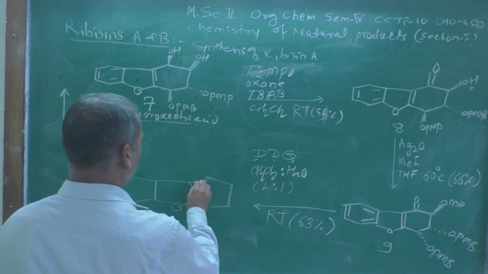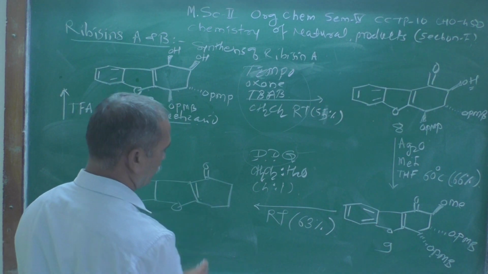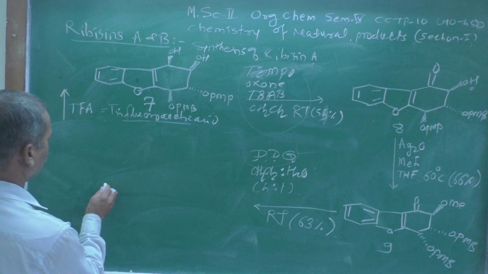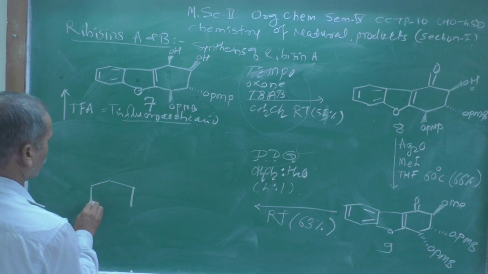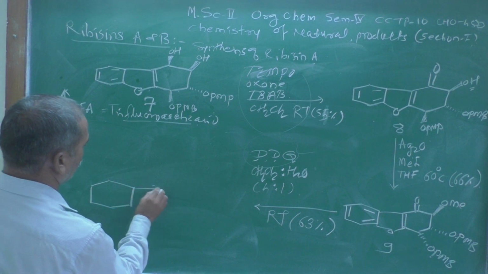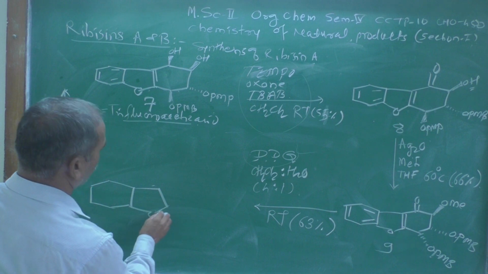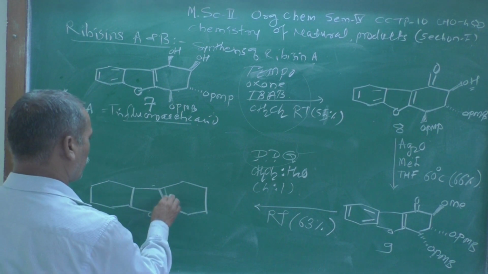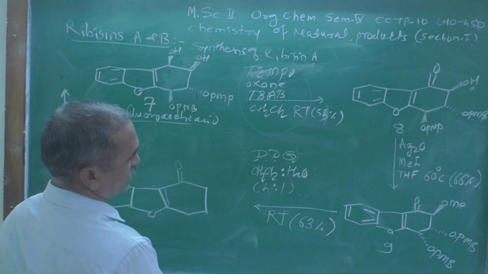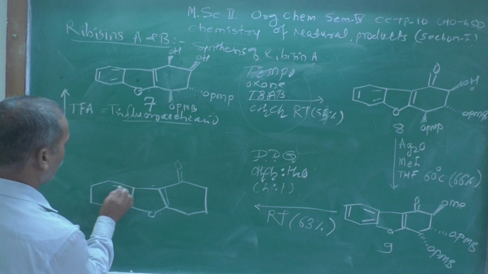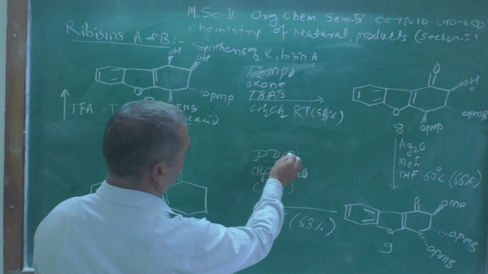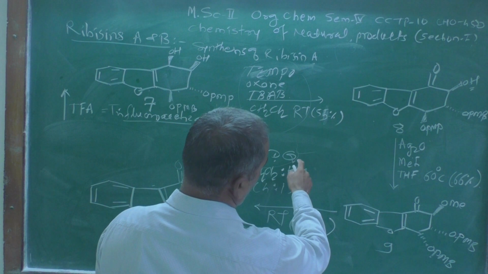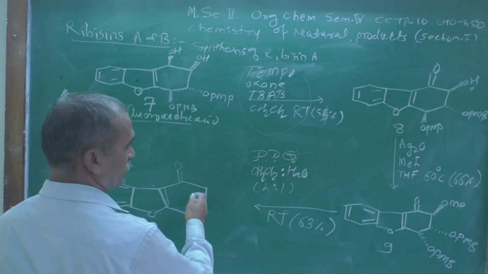See here, this is a double bond, an alpha beta unsaturated compound. Let me draw this structure properly so that you can observe this, because this is the final structure which we are going to get over here. Look at here, the double bond is an alpha beta unsaturated compound. This part remains as it is, only DDQ, dichlorodicyanobenzoquinone, acts here.